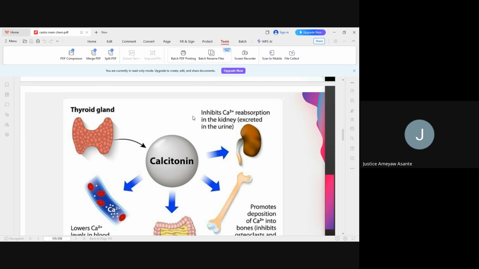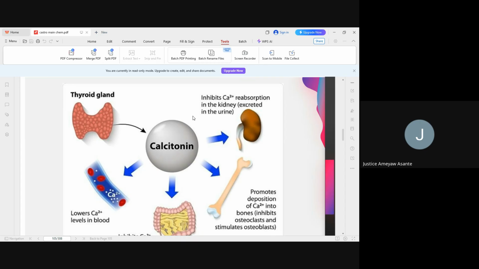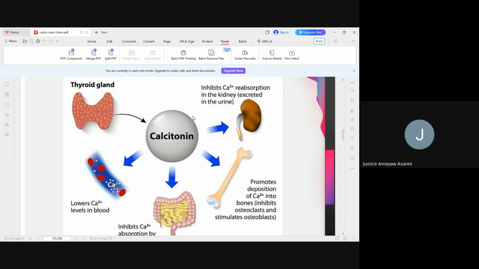So what is the function of the thyroid gland for calcitonin? We are saying that it will activate some processes in the body. Is that okay?